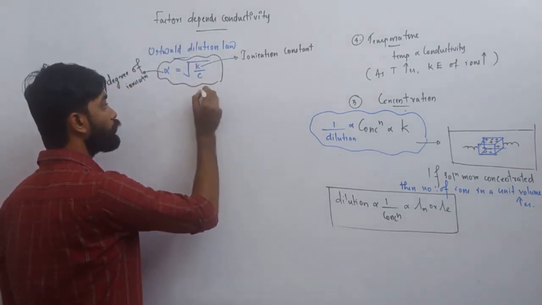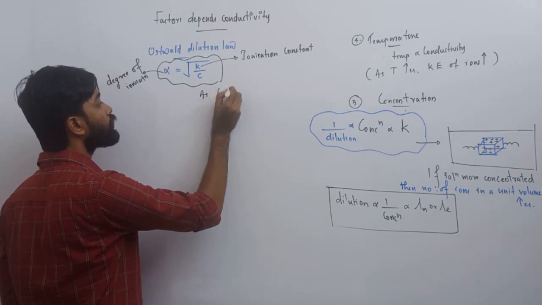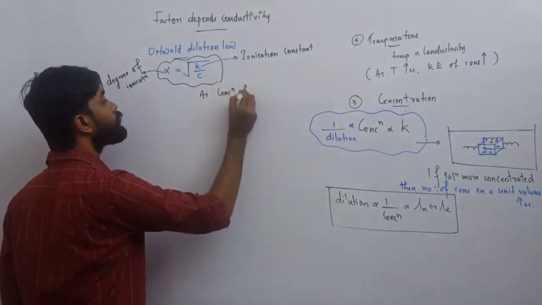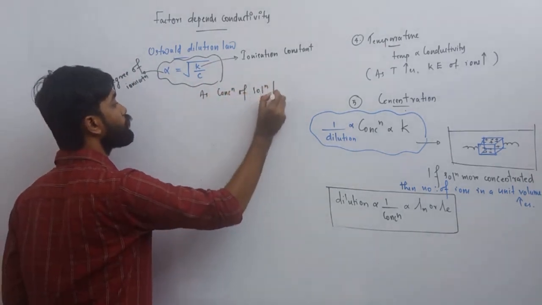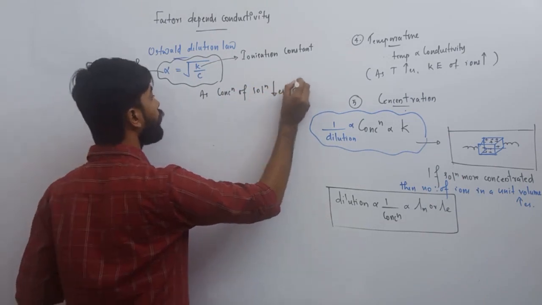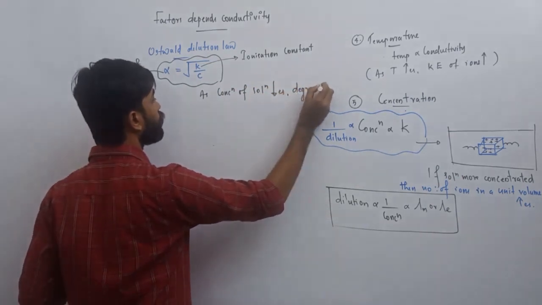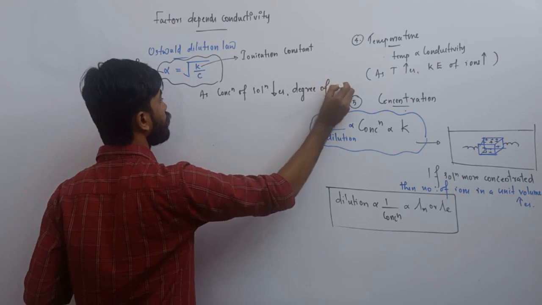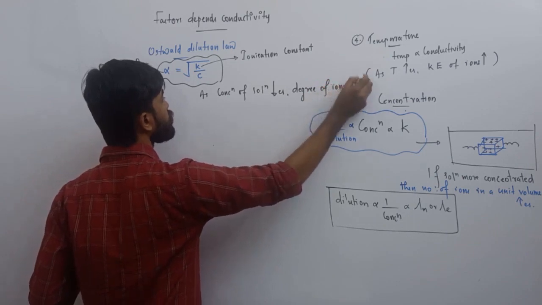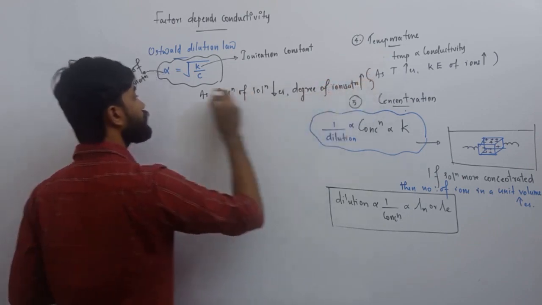Okay, so the Ostwald dilution law states that as concentration of solution decreases, degree of ionization increases.